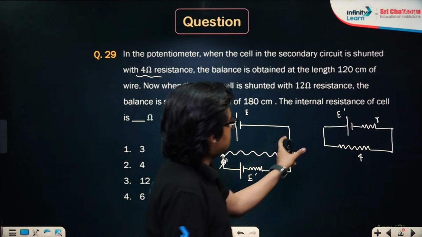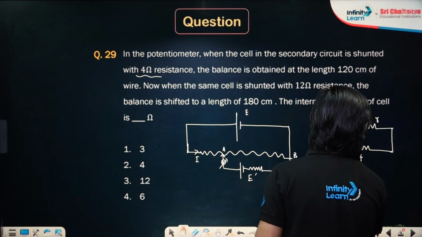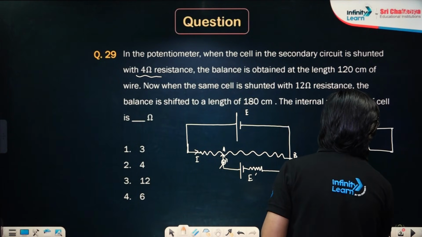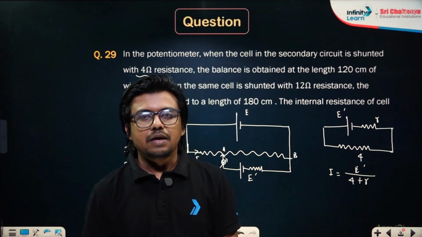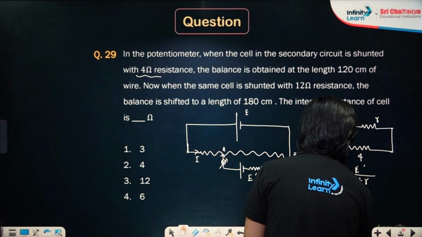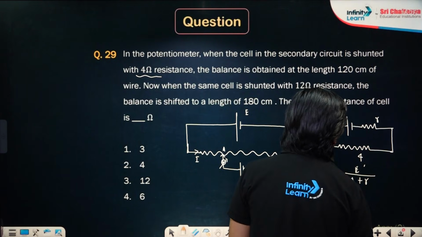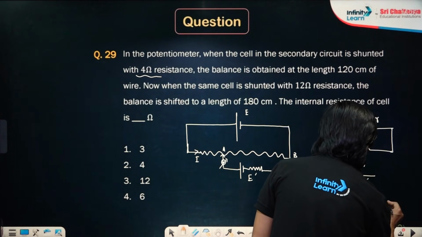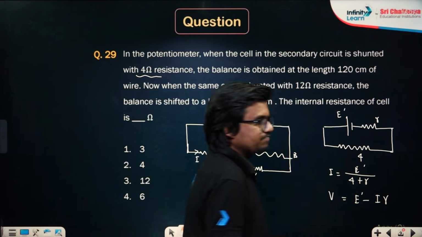If I write what is the voltage difference across the terminals of the battery, first you need to find out the current I, and it is equal to E dash divided by 4 plus small r. The voltage difference across the terminals of the battery, let me write it as V, is given by E dash minus I into small r.